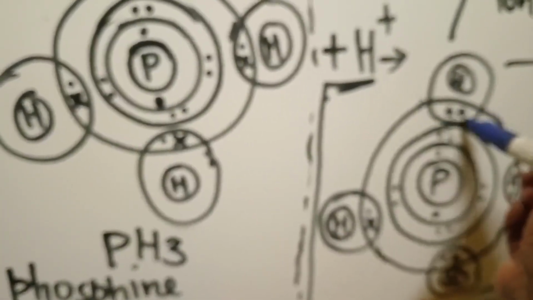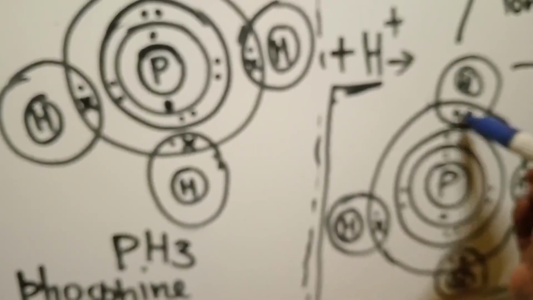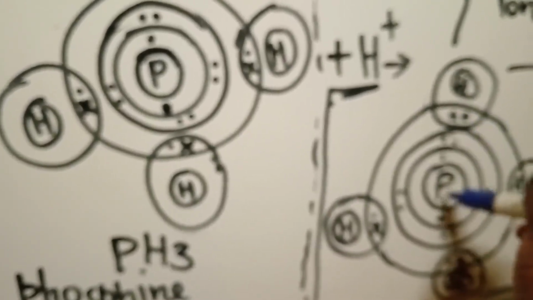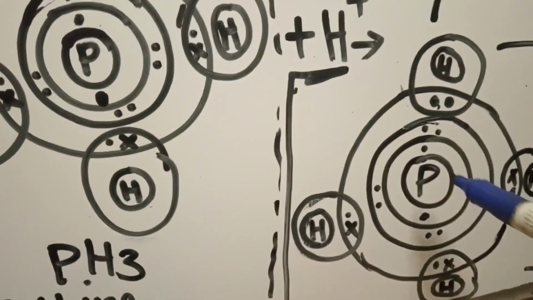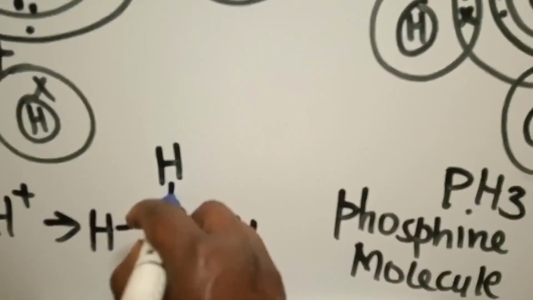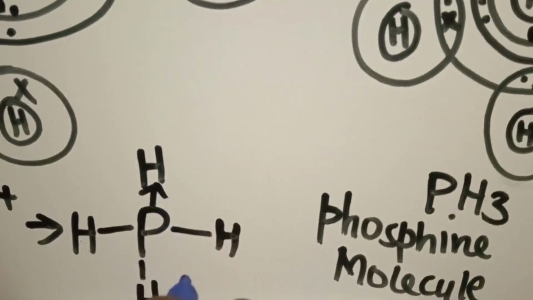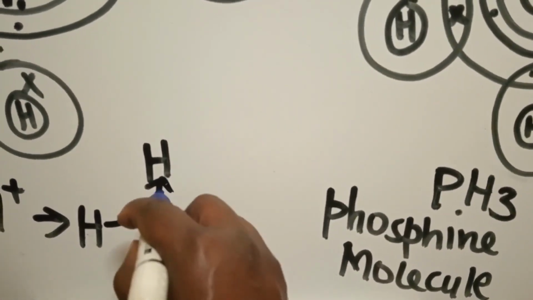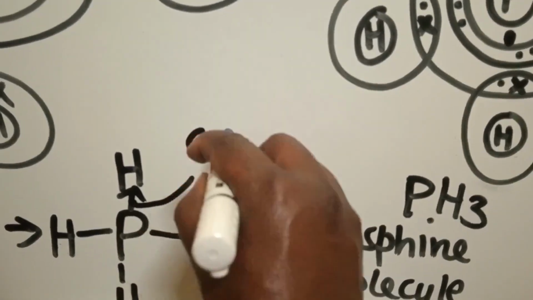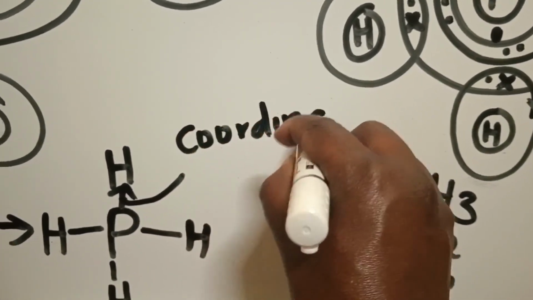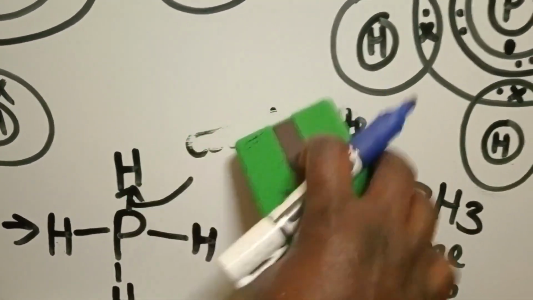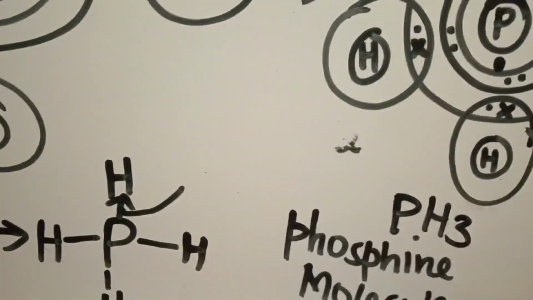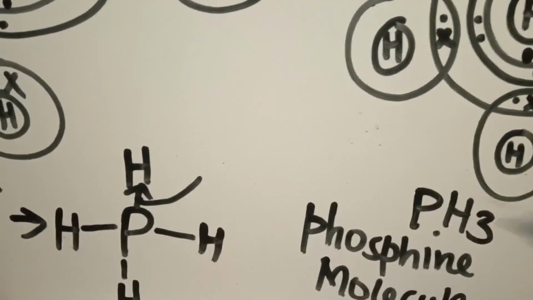But for this one, we have two dots, meaning that these have been provided by only one atom, that is phosphorus. So for that case, hydrogen has not contributed any. So there we won't put a line, instead we will put an arrow. An arrow representing a coordinate bond, and we usually have a line in between the O's.